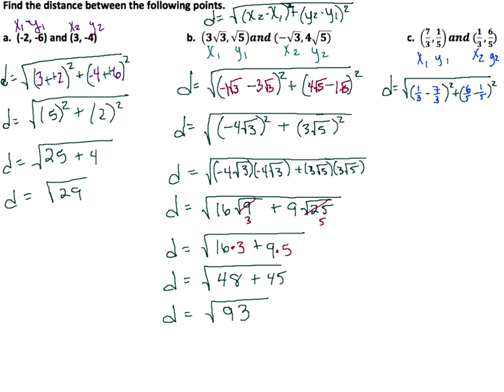So they were very nice and gave us common denominators there for addition and subtraction of the fractions. If you are adding and subtracting fractions, you must have a common denominator. So 1/3 minus 7/3 is 6/3 squared, plus 6/5 minus 1/5.